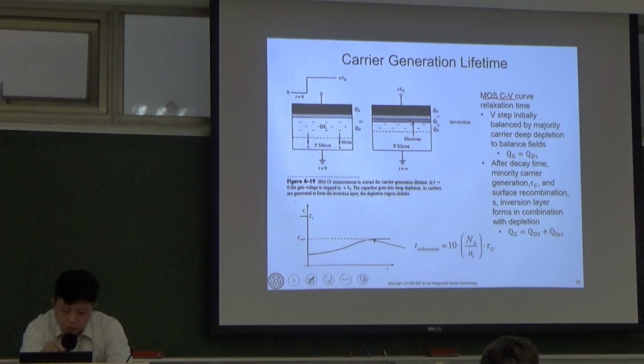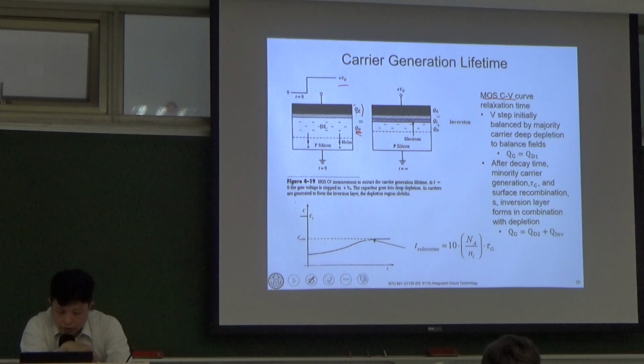Here you apply VG, then you have a QG on one side of your capacitor. Then you repel those holes, so you create a depletion region. So this QG and QD will be the same, right? This is the depletion layer here.